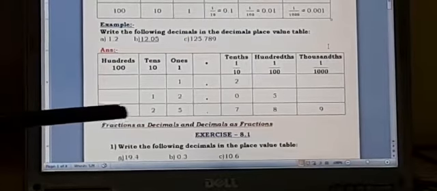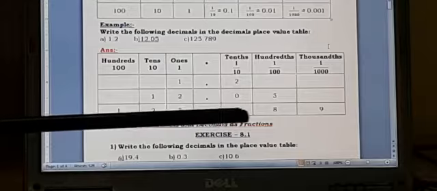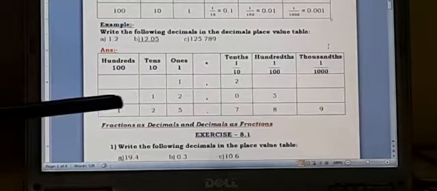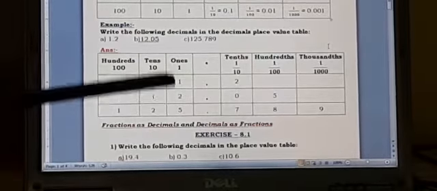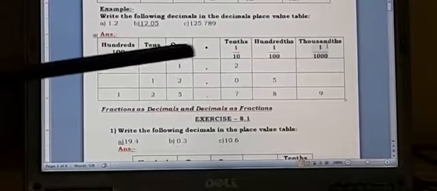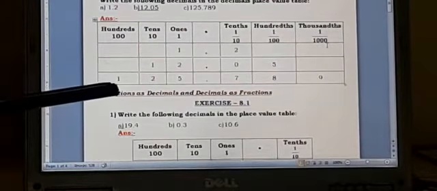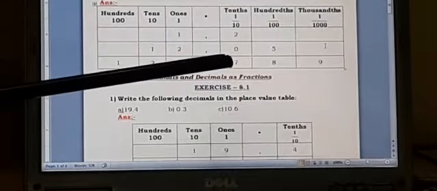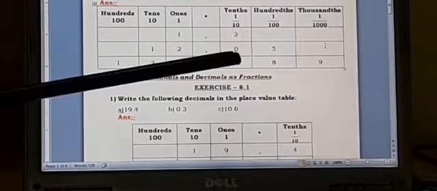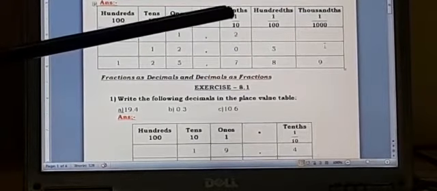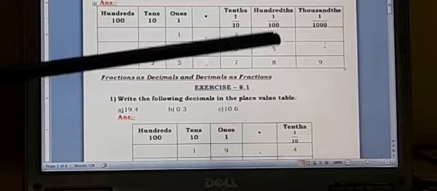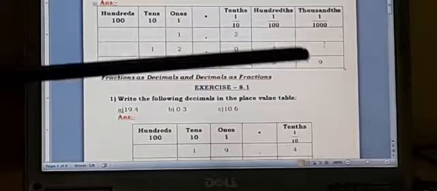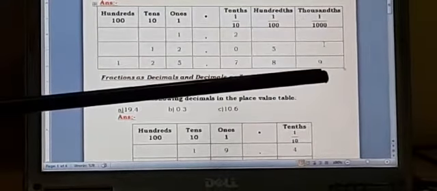Next, 125.789. In 125, 5 should be written in the ones place, 2 in the tens place, 1 in the hundreds place. After the decimal point, first 7 is there, 7 should be written in the tenth place, 8 in the hundredth place, 9 in the thousandth place.